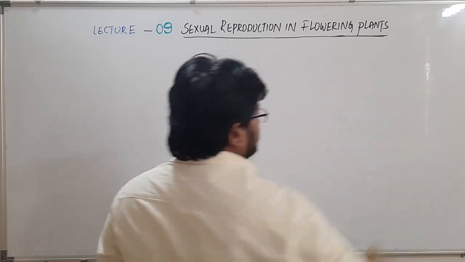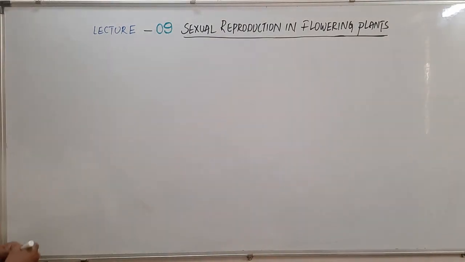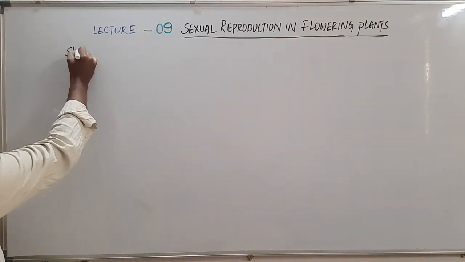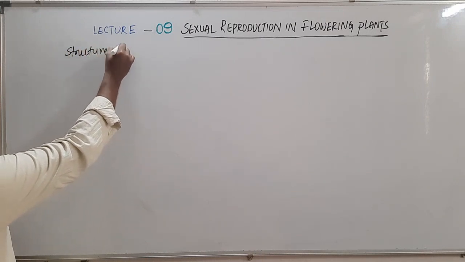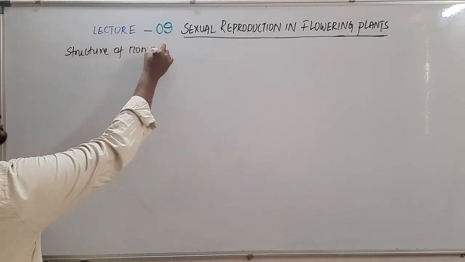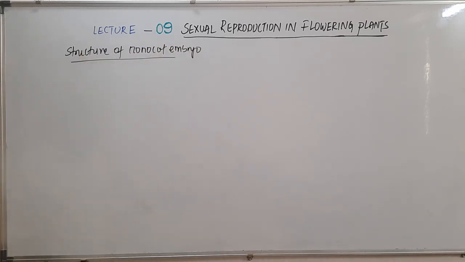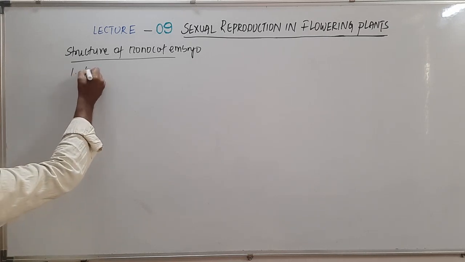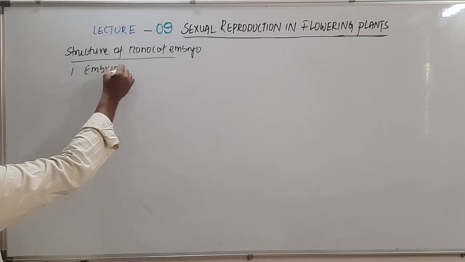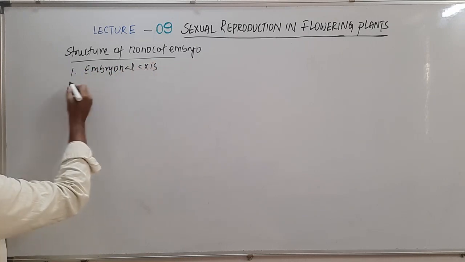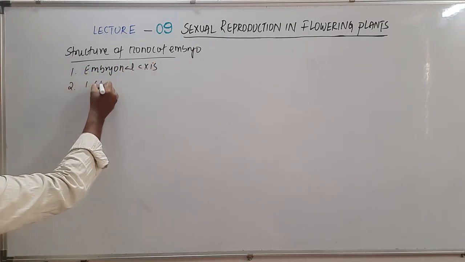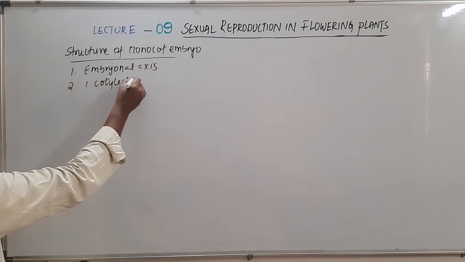the structure of the monocot embryo. So now let's see the structure of the monocot embryo. And in this case, again we can consider the embryonal axis, and this one has only one cotyledon.